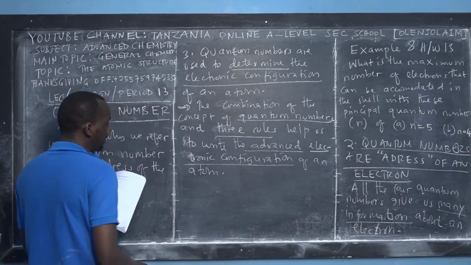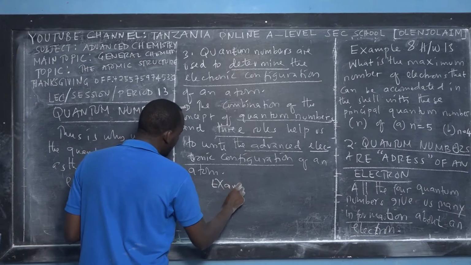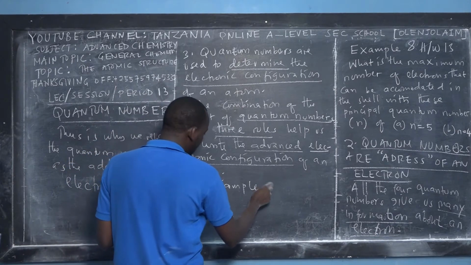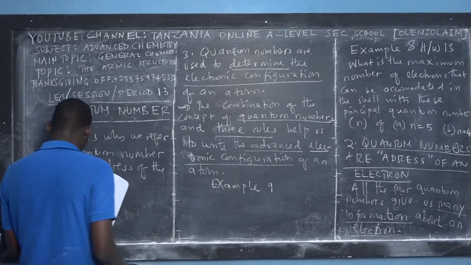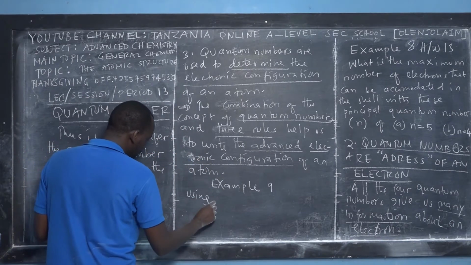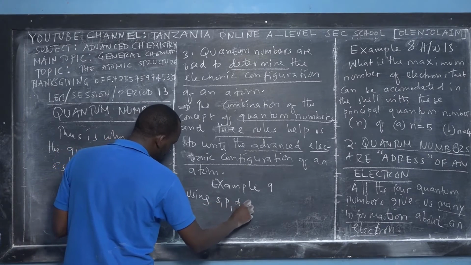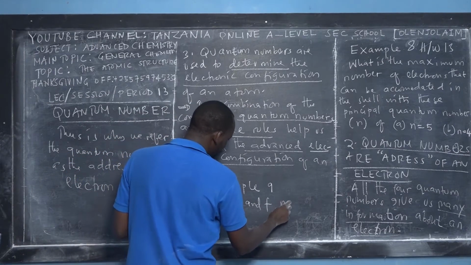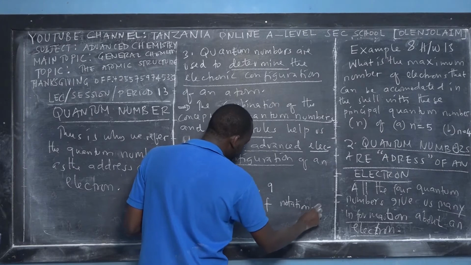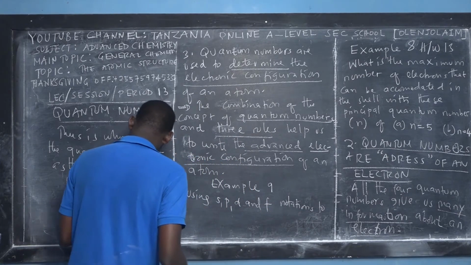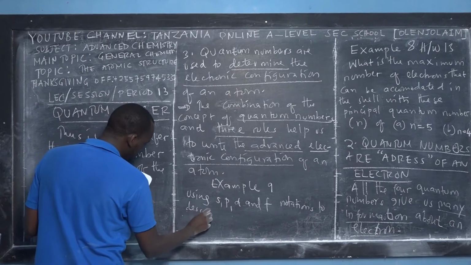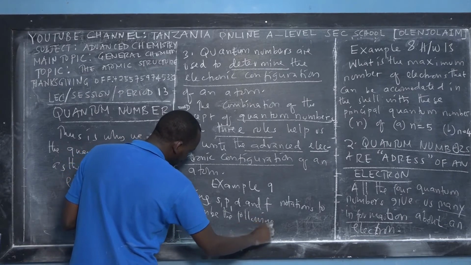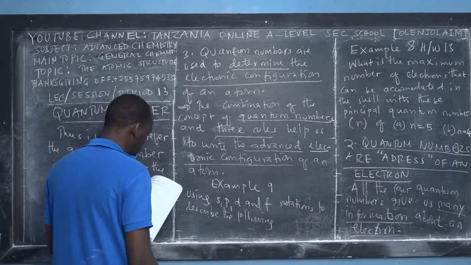So let me present one sample of a question in the exam. Say this is example 9. Using S, P, D, and F notation to describe the following quantum numbers.